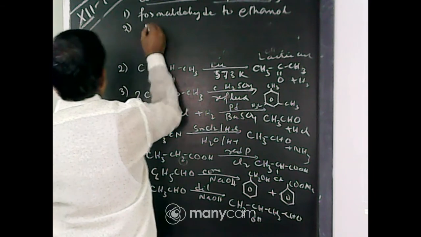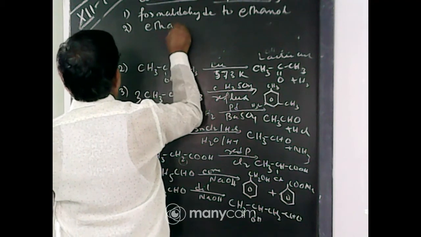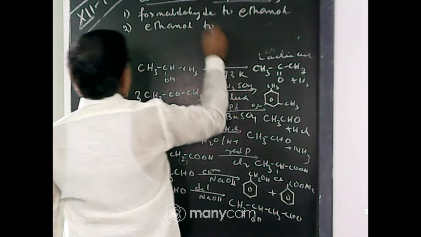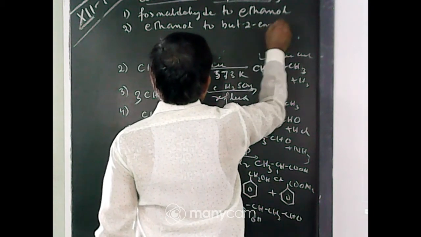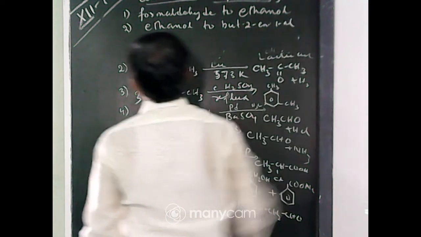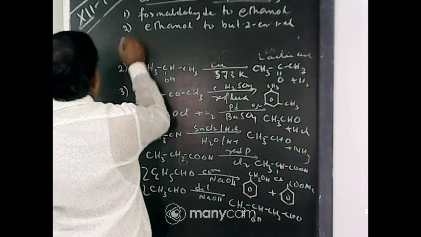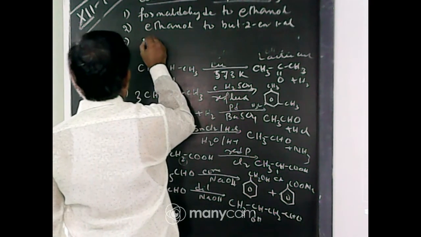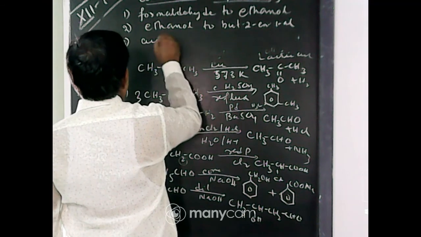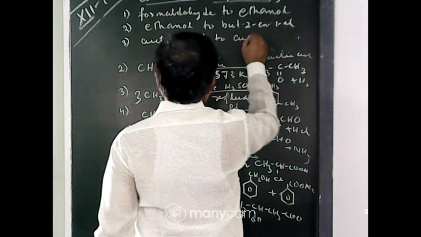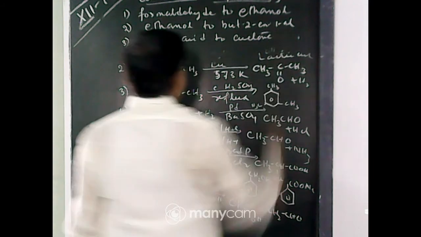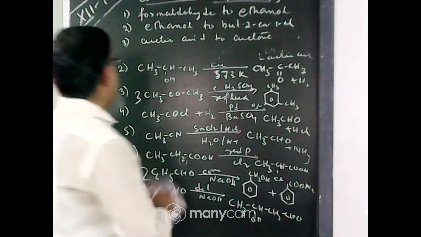Number 2, ethanol to but-2-en-1-al. Number 3, acetic acid to acetone.